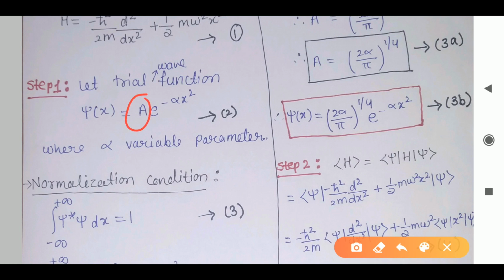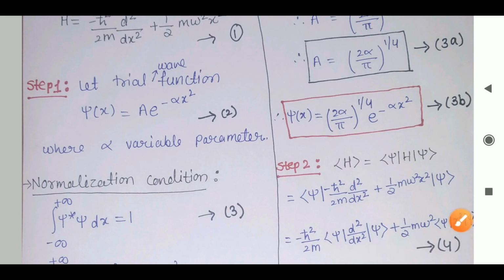So this a value we can get by using the normalization condition. The normalization condition is the integration from minus infinity to plus infinity of psi star into psi dx, which equals 1. This formula we will use to get the value of a.